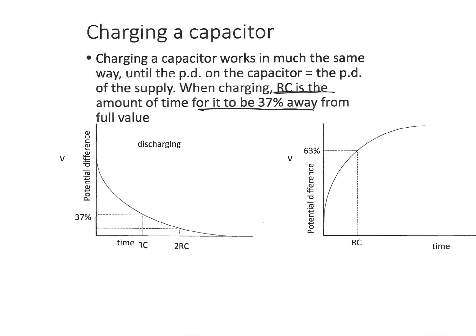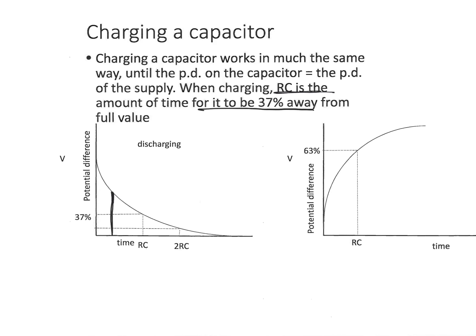So if we're charging, tau, and this is discharging, this is charging. No, hang on. 37% away from full value. That would be like here. Yeah, this is discharging.